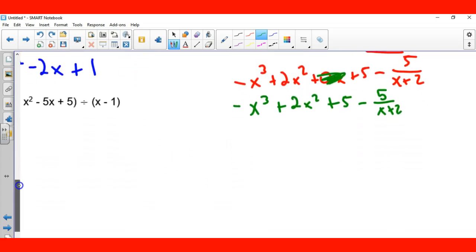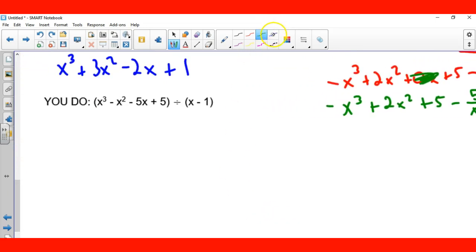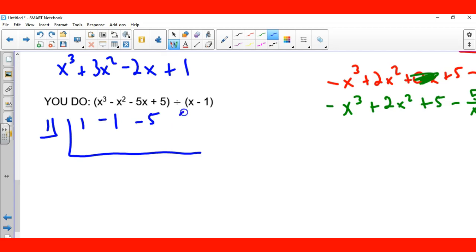Here's one example that you can try, in case you miss it. This would be 1, and then over here we have 1x cubed minus 1x squared minus 5x and 5.